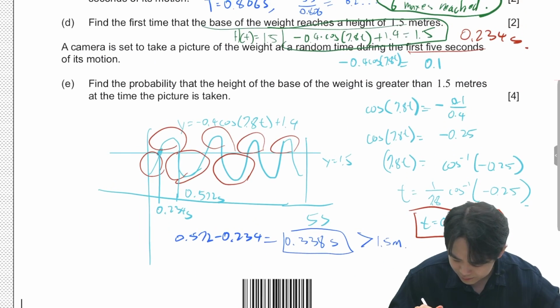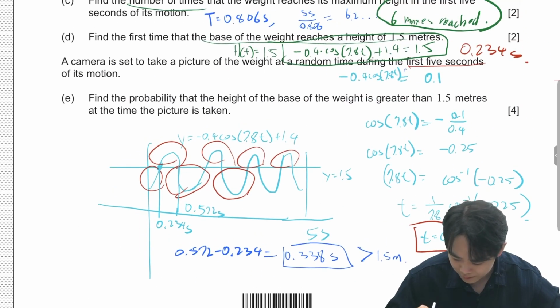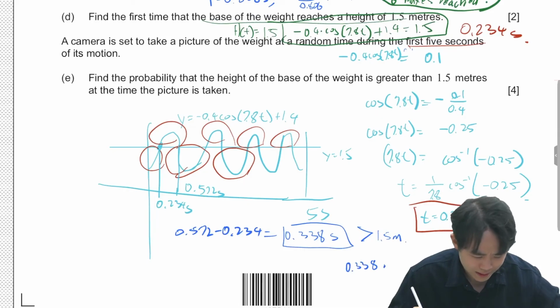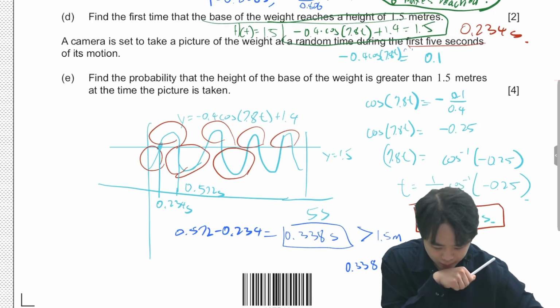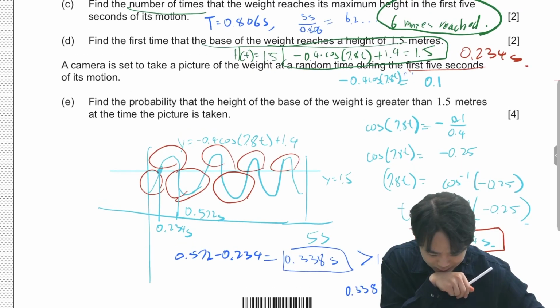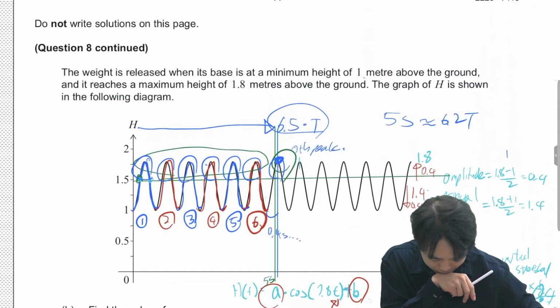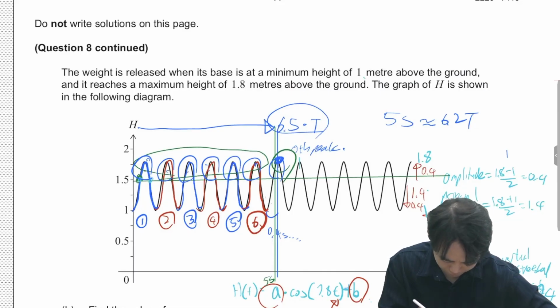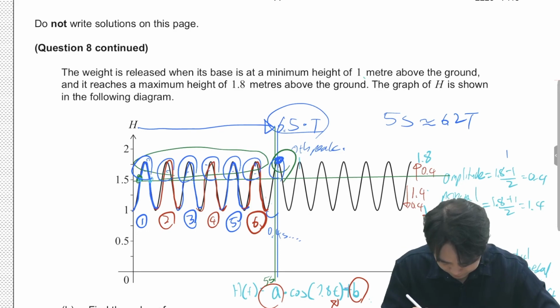But it says during the first 5 seconds. So we would get 0.338 times 5. So we get 1, 2, 3, 4, 5, 6, and then we have to look for the next case.